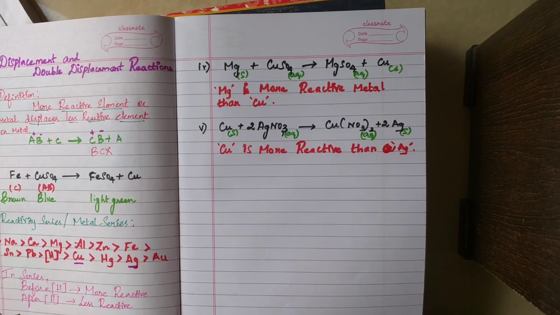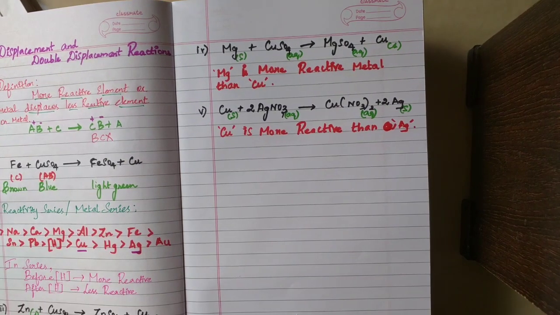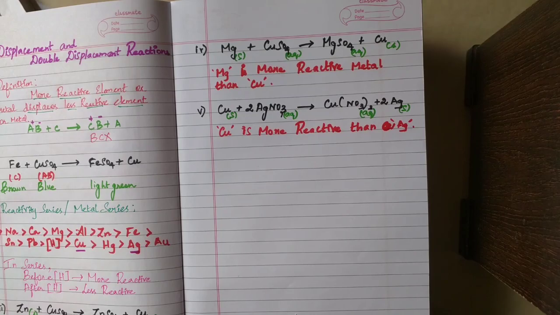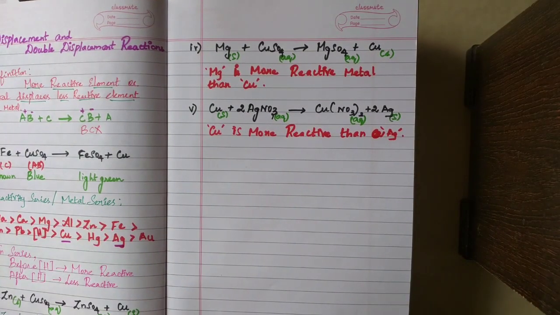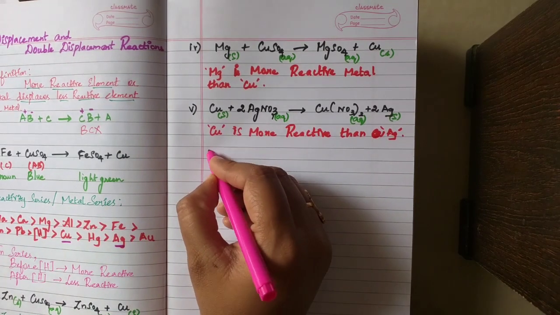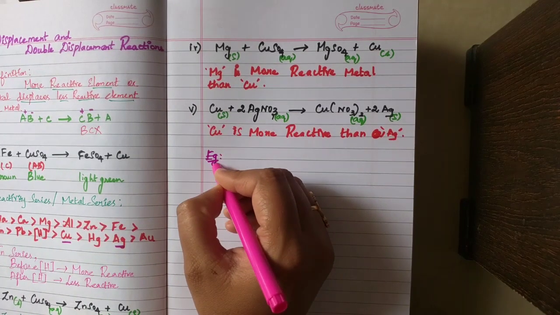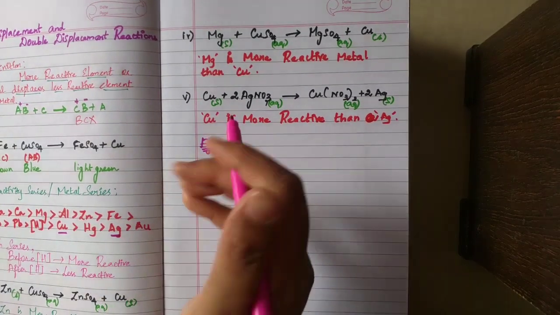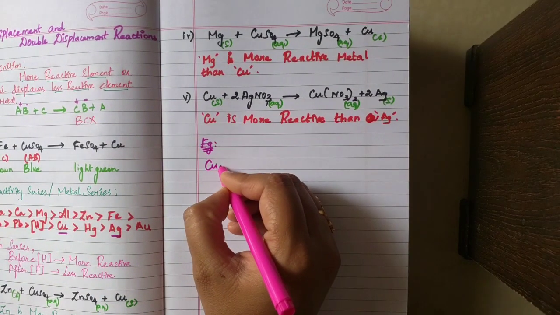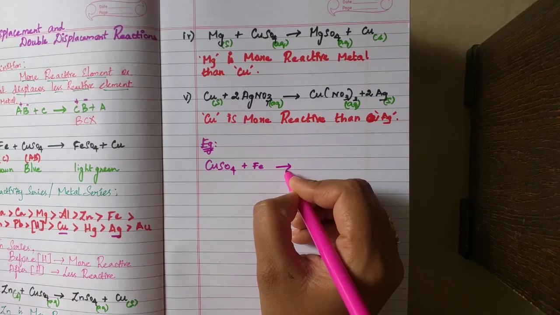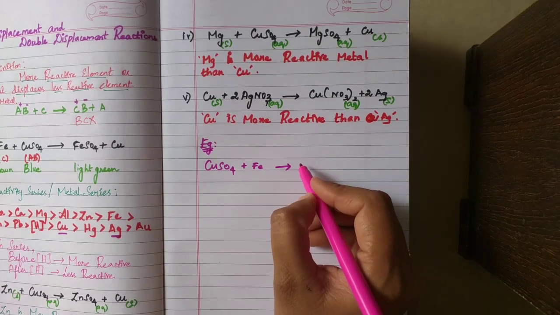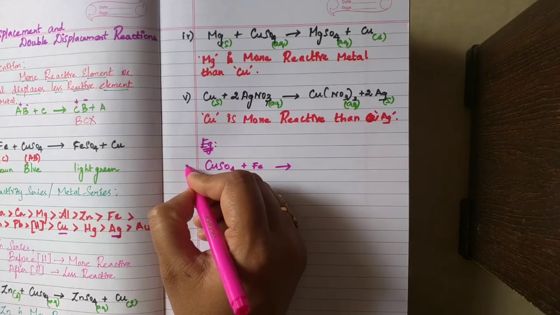Okay. Next, I am giving some other examples, students. Find out whether the reaction happens or not. See here. Examples. See now. Copper sulfate plus iron. Will you get product or not? Whether this reaction happens or not.